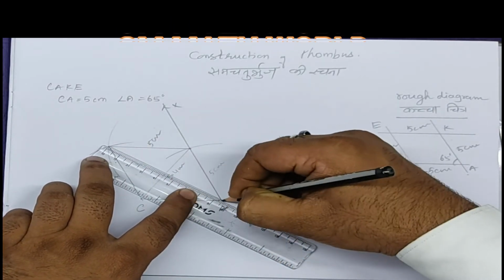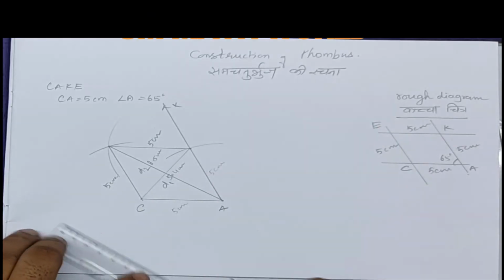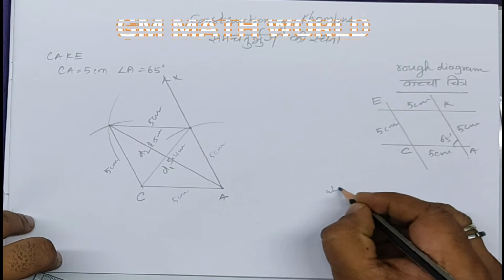Join CE and join KE, and the required rhombus is completed.